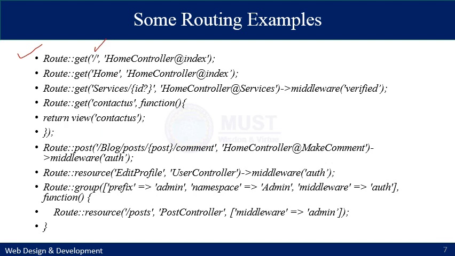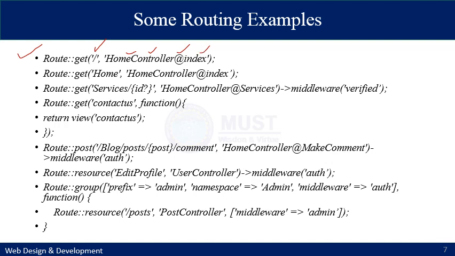So at the function point, now we have changed the function to a controller method. That means whenever we want to access the root of our application, we will direct it to the home controller, and the at symbol is used to specify the method for that controller, and the method we are going to use is index.